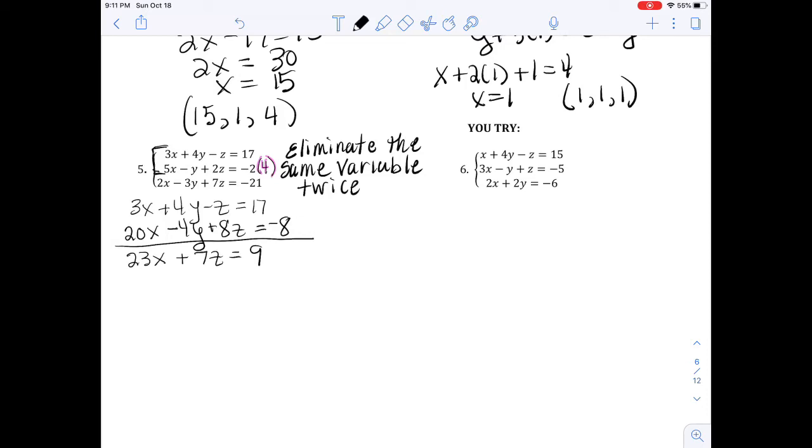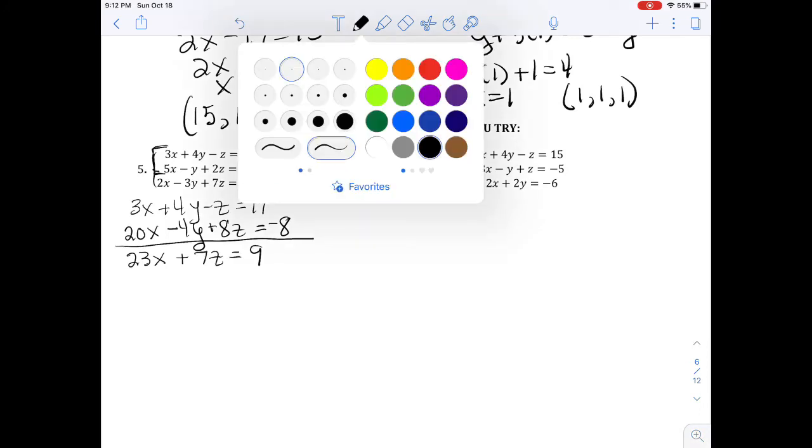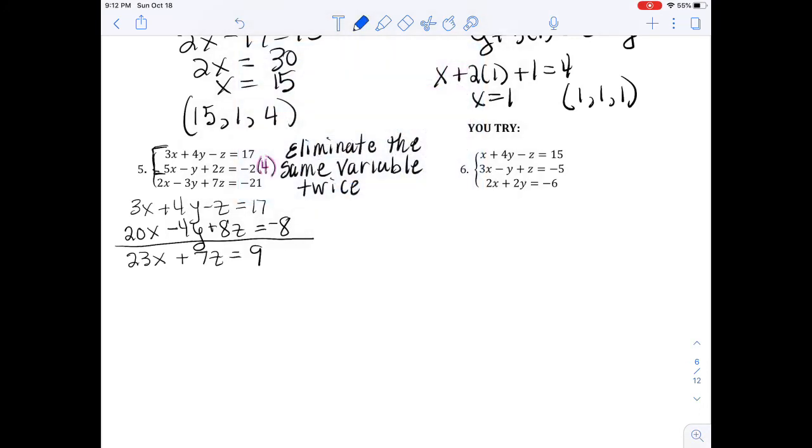Now I'm going to add the second and the third equation together and eliminate the y. But in order to do that, I'm going to have to manipulate, and I'm going to choose a different color now, so I'm going to choose blue, the second equation by a different number. So I'm going to multiply the second equation by negative 3. So that's 5x minus y plus 2z equals negative 2.